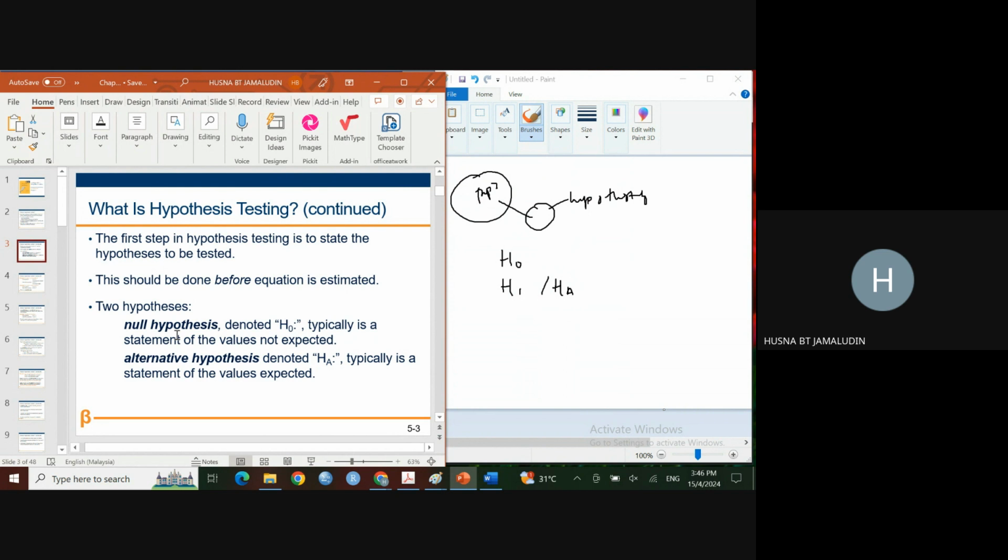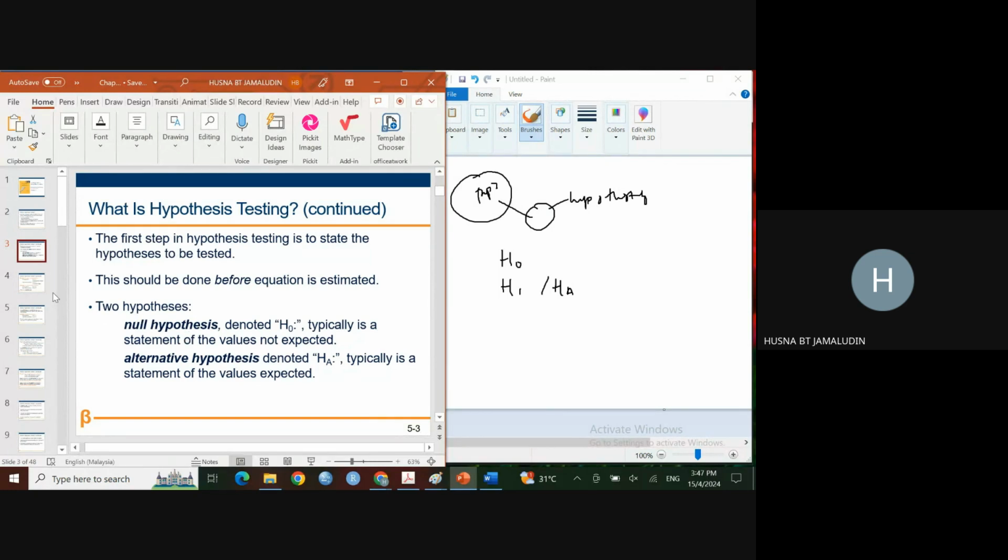Okay, and it may be right, it may not be right. So the alternative hypothesis, or HA, H1, is your own hypothesis. You want to say that, basically, the null hypothesis is not correct. So you come up with your own hypothesis. Basically, the alternative hypothesis is your own hypothesis against the general claim.